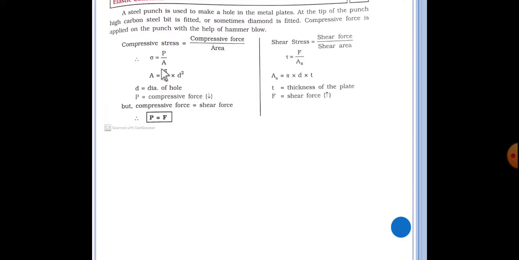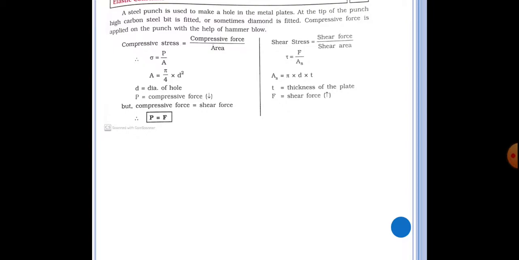But for a rectangular section, there are two lateral strains, epsilon dash equal to delta t upon t and delta b upon b, and that is always negative. After that, mu, Poisson's ratio, mu is equal to 1 upon m is equal to epsilon dash upon epsilon, right? That we have to understand or memorize.